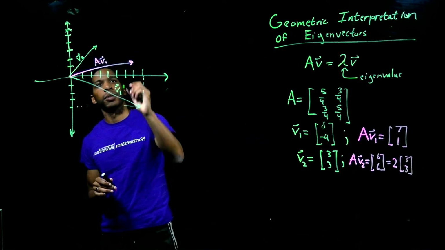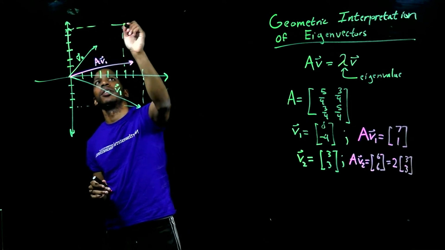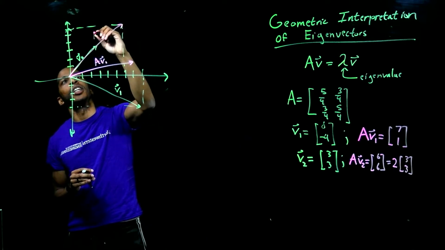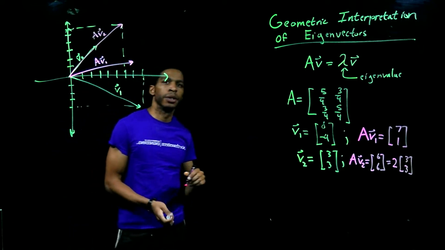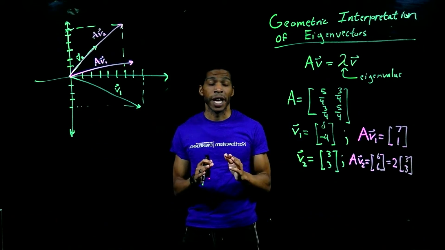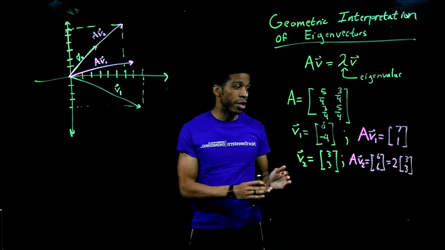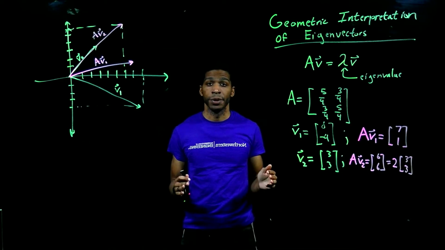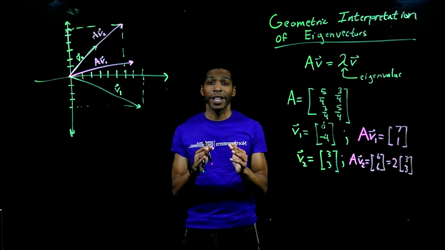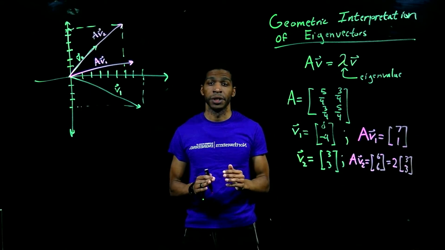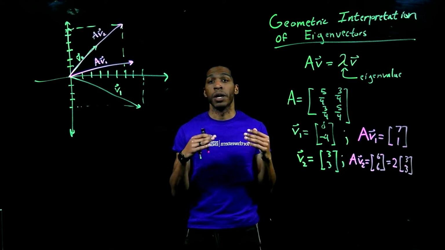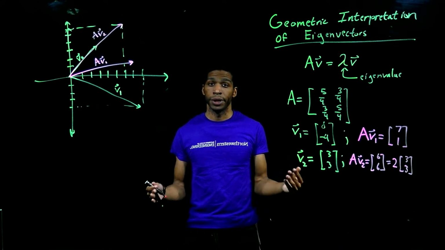And this is AV2. And we can see that V2, after you apply the matrix A to it, has stretched by a factor of 2 and has not rotated at all. So eigenvectors in a geometric sense are vectors for which, when you apply the matrix A to them, they do not rotate but only stretch or shrink.